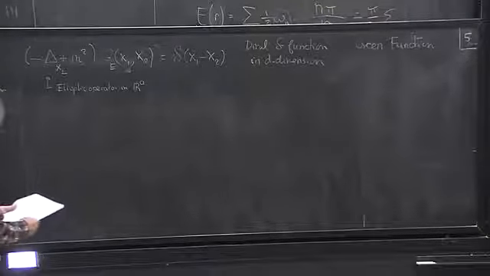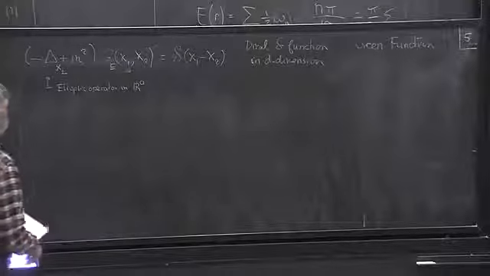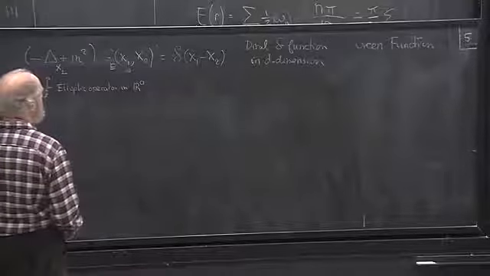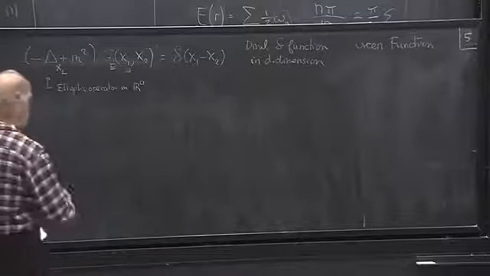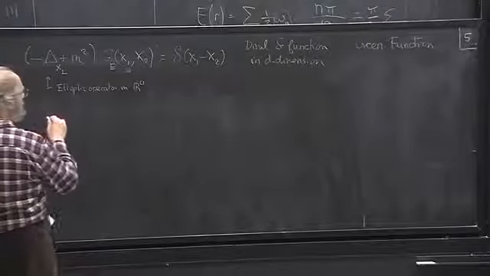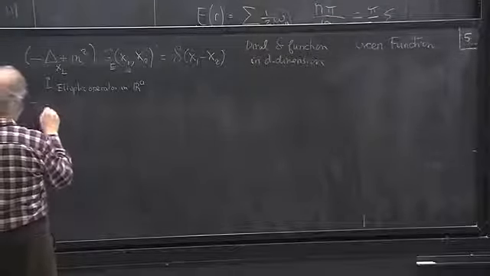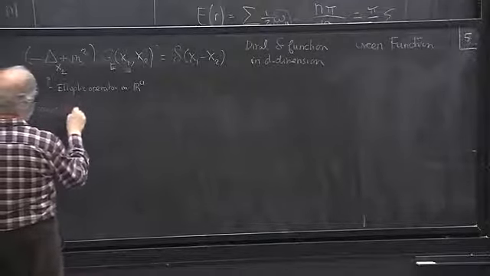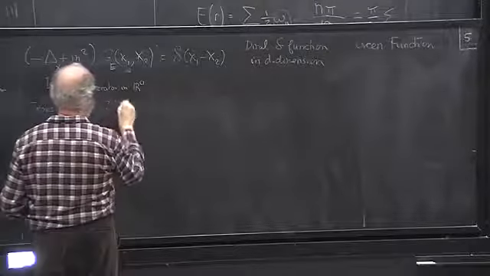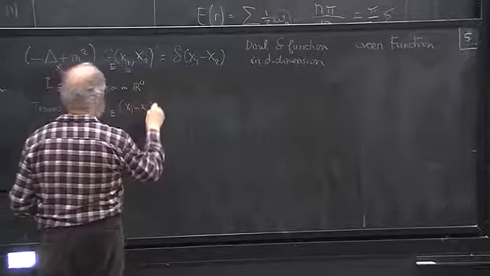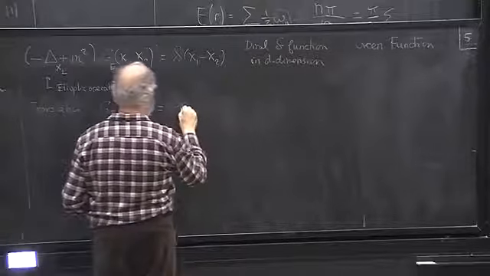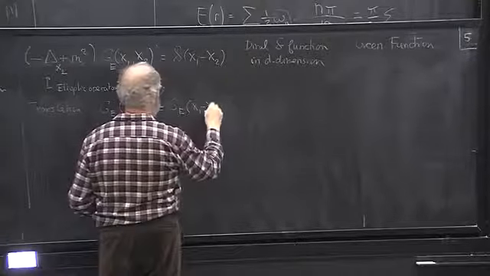So you have different ways. Of course, the simplest way is to use the Fourier transform. So you use the fact that it should be invariant by translation. So G_E of x1 minus x2 is a function of x1 minus x2.